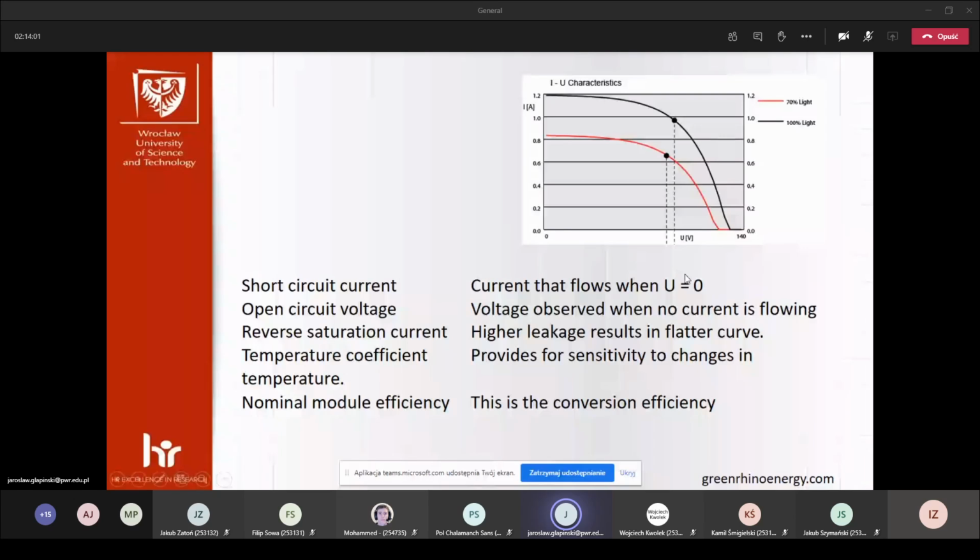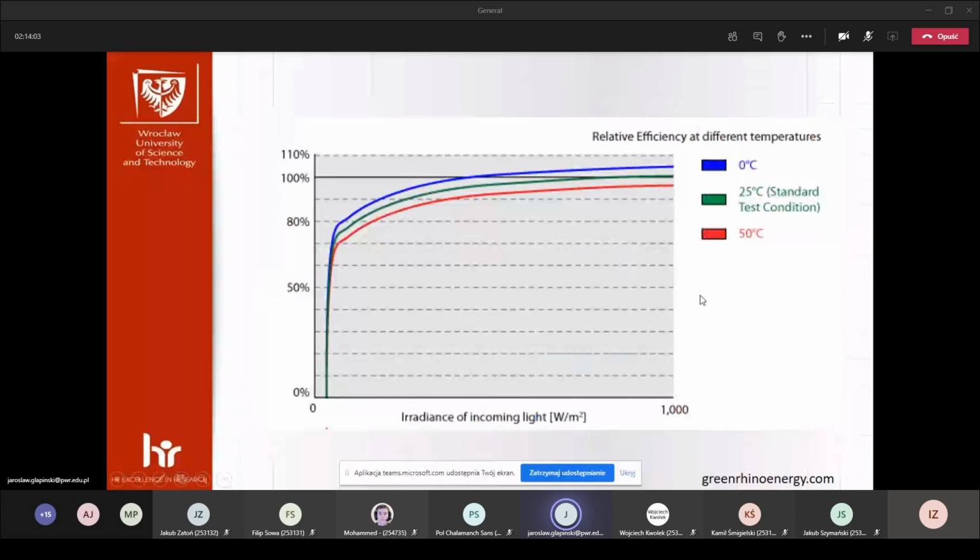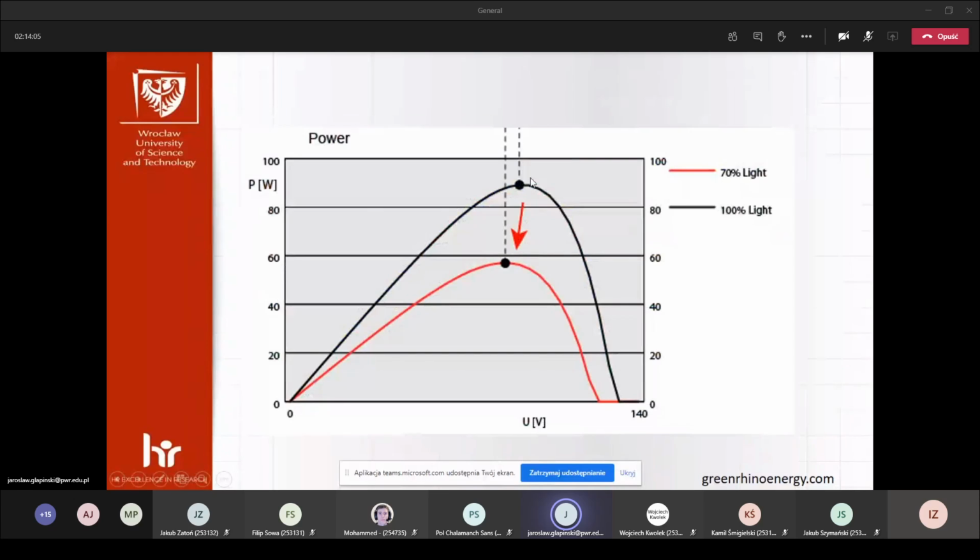This is what I said. We've got the maximum power, maximum efficiency for the light, 100% light, and if the light decreases, the curve is moving, so the point also is moving.